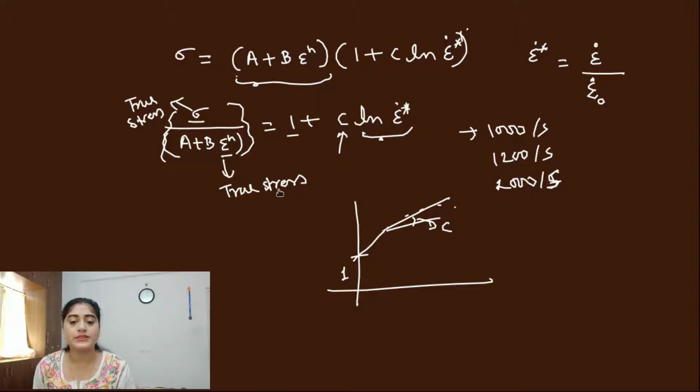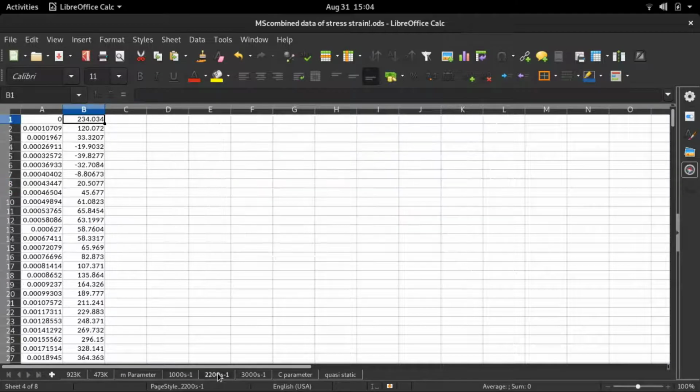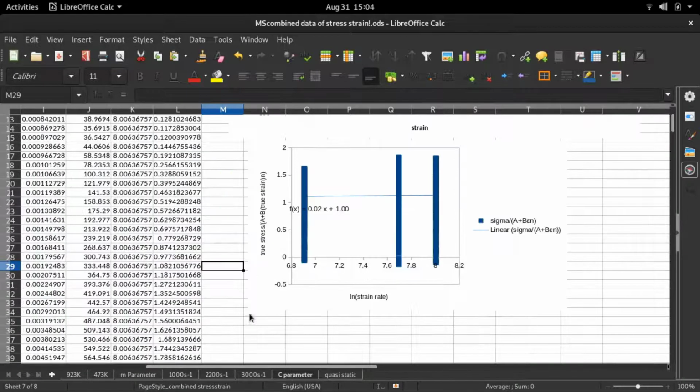Now we will see these things through the actual graph. This is the true strain versus true stress data we found at 1000 strain rate, this is the data at 2200 strain rate, and this is the data at 3000 strain rate. So like that we find the true strain versus true stress graph. Now we have to find the C parameter. How could you find it?